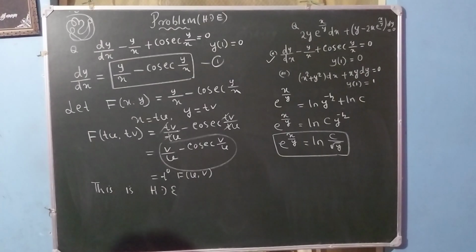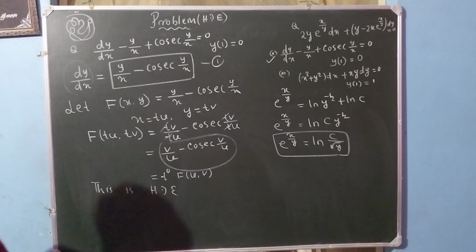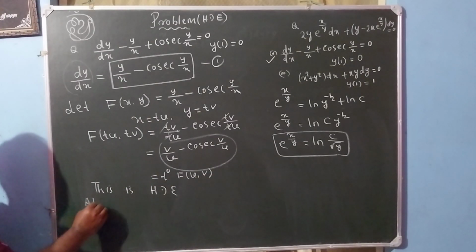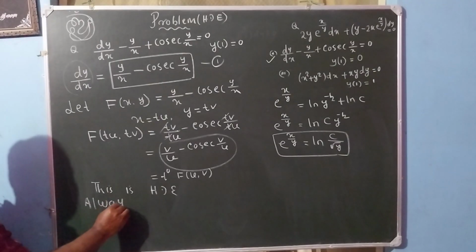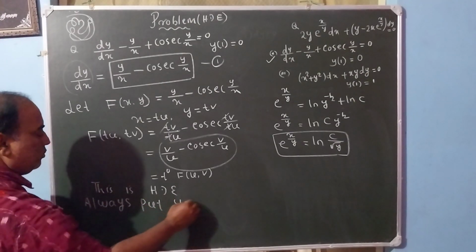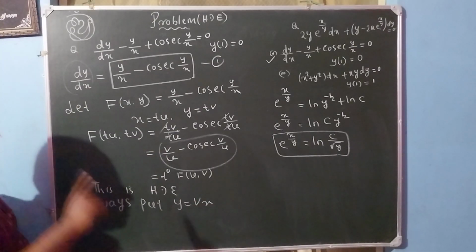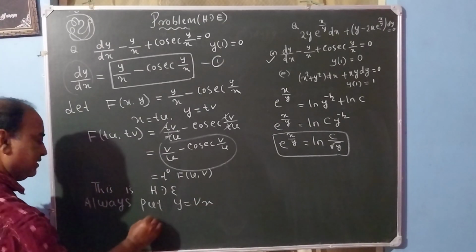For a homogeneous differential equation, always we have to put y is equal to vx, because this is in the form of dy by dx is equal to mxy by nxy. So always put y equal to vx, differentiating on both sides with respect to x.